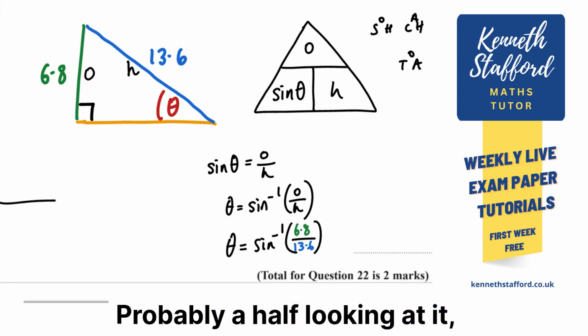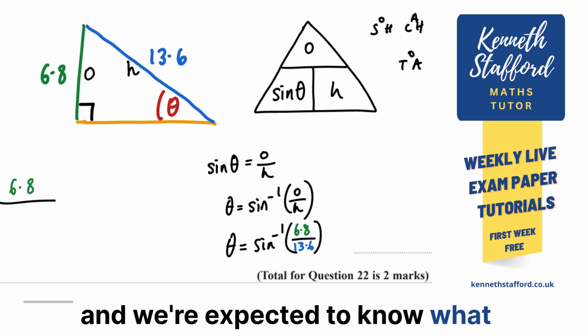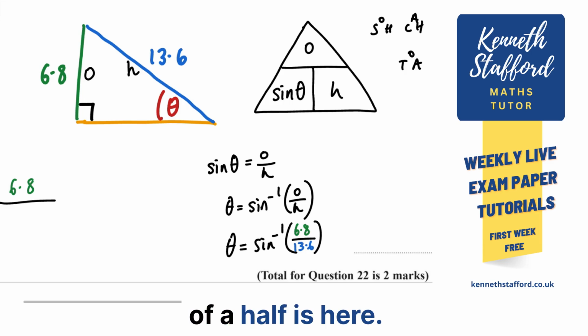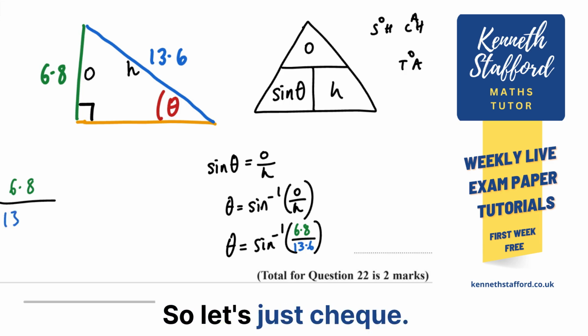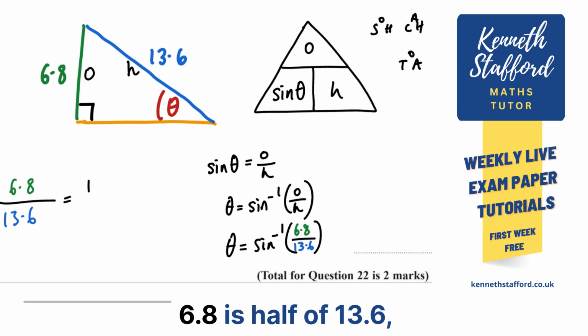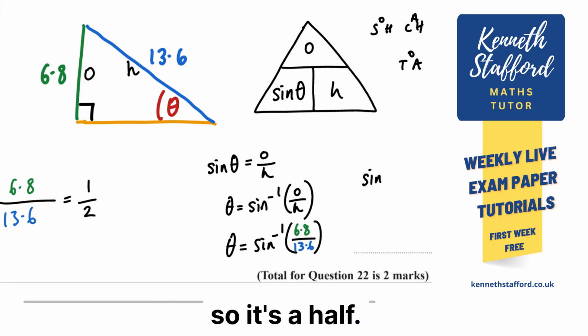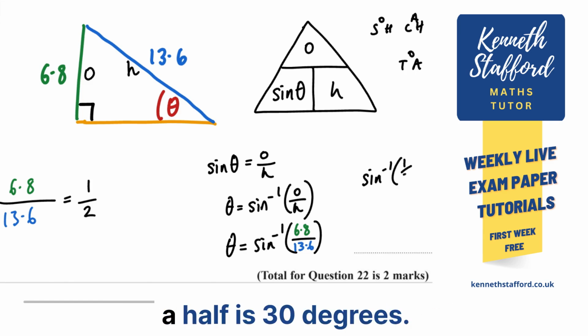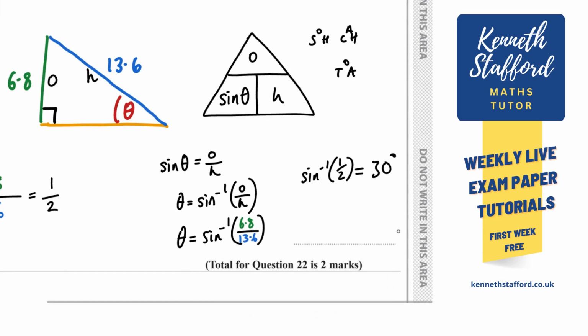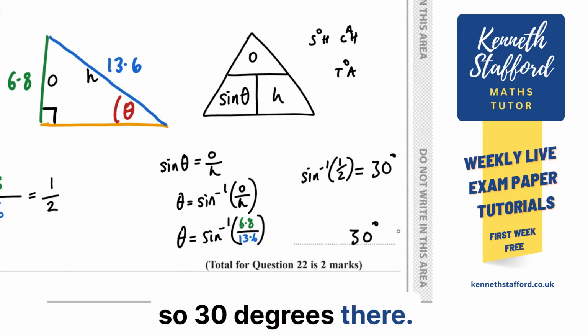Probably a half looking at it, and we're expected to know what the inverse function of a half is here. So let's just check this is a half. Yeah, 6.8 is half of 13.6, so it's a half. And the inverse function of a half is 30 degrees. That's the angle. So 30 degrees there.